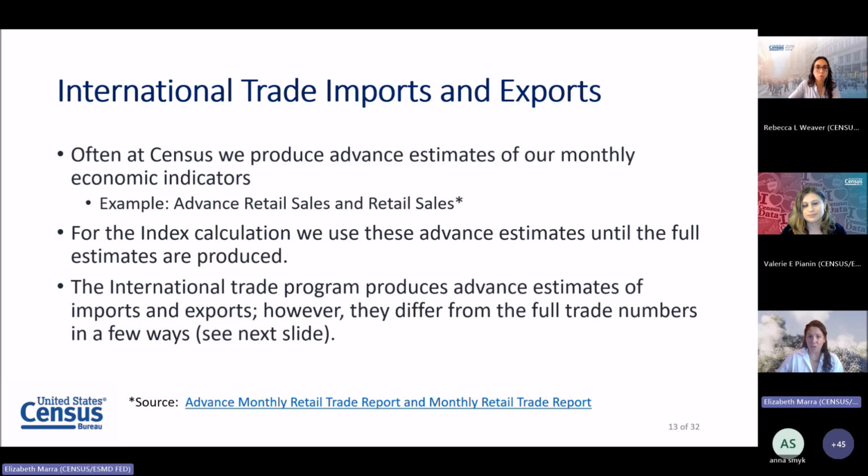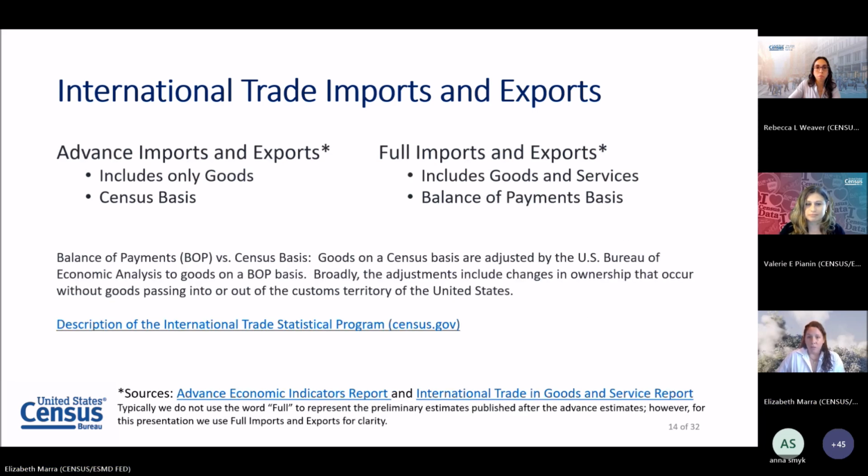Now, international trade does produce advanced estimates of imports and exports. However, they're not a direct comparison to the full trade estimates in the way they are for other surveys. Let me go over why that is on the next slide here. First, advanced estimates are for goods only, while the full estimates for international trade are for goods and services.